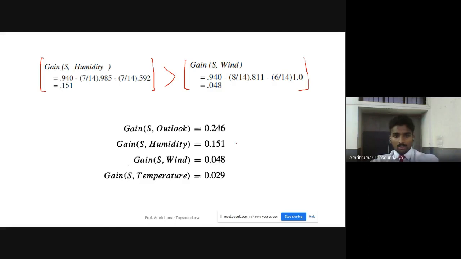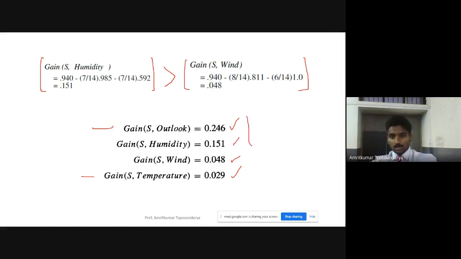But when we compute the information gain for Outlook and Temperature, for Outlook we get 0.246, and for Temperature we get 0.029, right? And as we have already computed for Wind, that is 0.048, and Humidity 0.151.